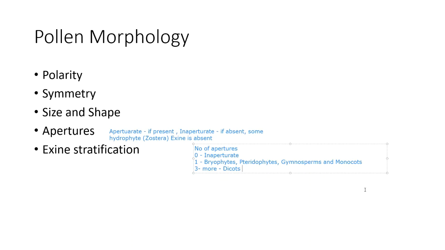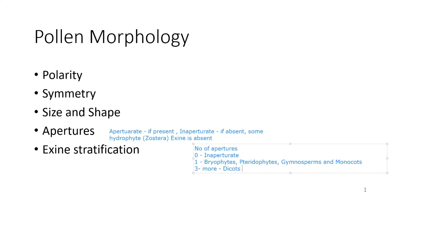And second, through any of these apertures, the pollen tube will come out. On the basis of presence or absence of aperture, we have got two types. If present, the pollen grain is called aperturate. If absent, inaperturate. Inaperturate, especially in the case of submerged hydrophytes like Zostera, where exine is completely absent.